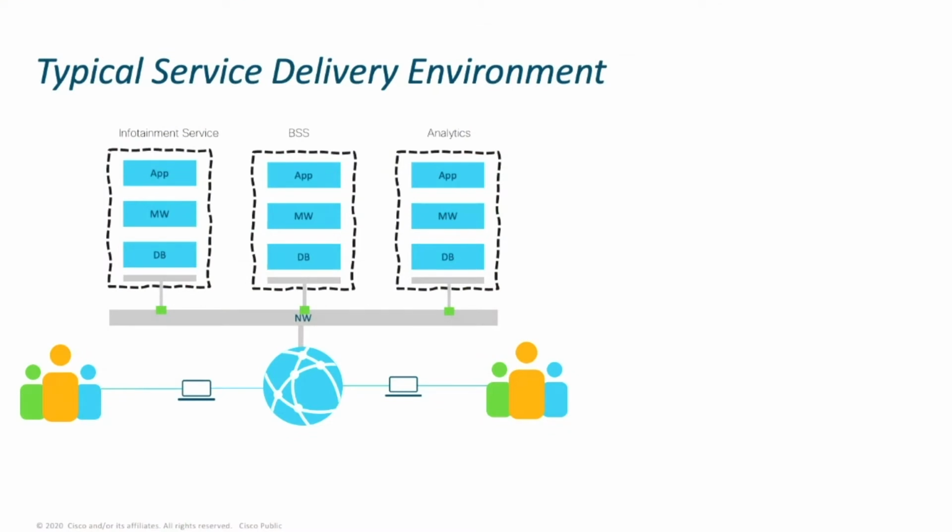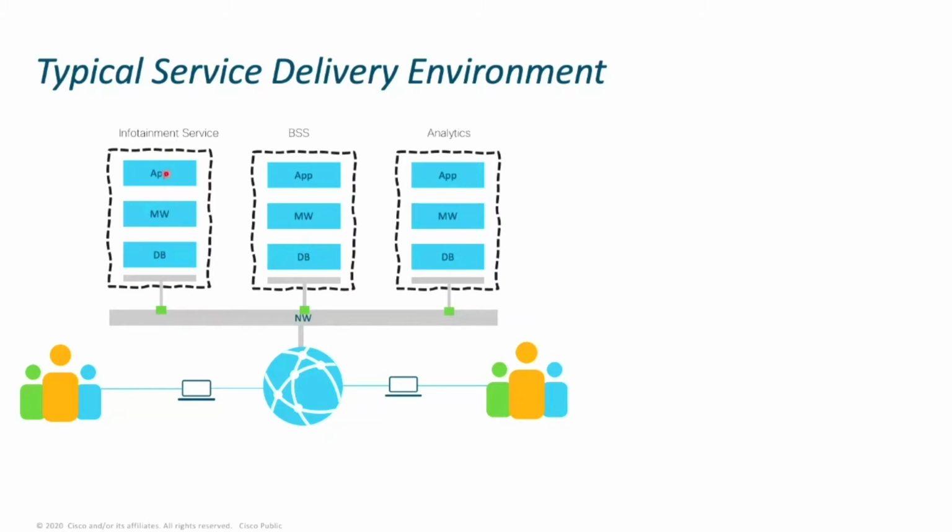In a typical service delivery environment, our customers and partners are providing different kinds of services. We've taken an example just to show you what the service environment looks like and what the different kinds of components involved are. So we have taken an infotainment service as an example. That could have dependency on other services like BSS or analytics in order to give a proper experience to the users.